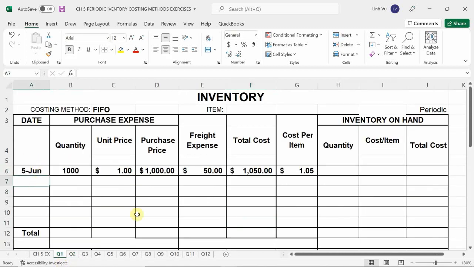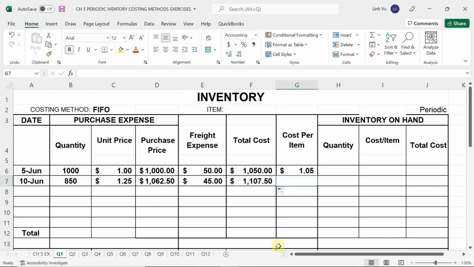So again, on June 10, we end up purchasing 850 units at $1.25 with a freight of 45. So, right, we already solved it from earlier in our journal. We got the 1062.50 plus the 45 to give us the 11,750. Okay.